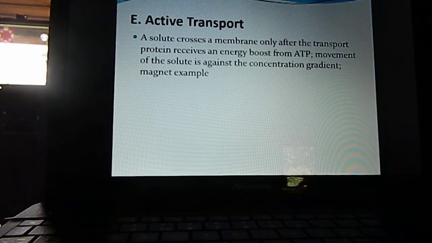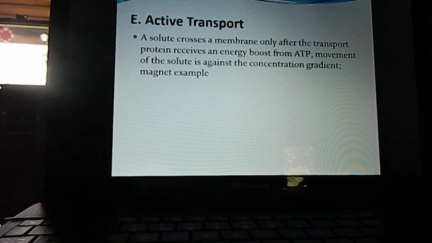So what you can do is take those two magnets, and if they're not powerful enough, you can actually put those two south poles together, but you have to use force. You have to force them, and that's like molecules moving against their concentration gradient. They don't want to move that way, so you have to use force, and that force is energy in the form of ATP.